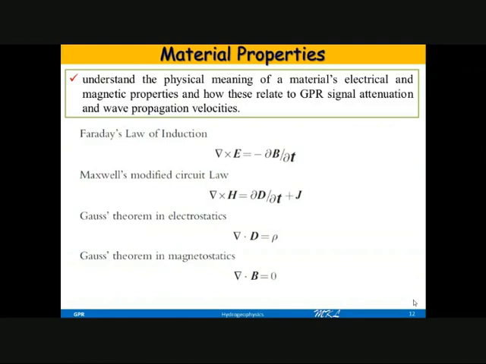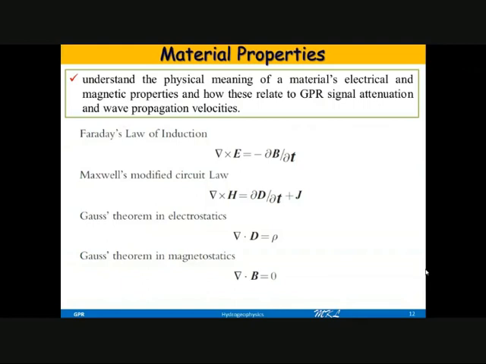Okay. Now everyone knows about Maxwell's equations. Write this down. I've already discussed them. Maxwell's equations are basically a combination of four equations.